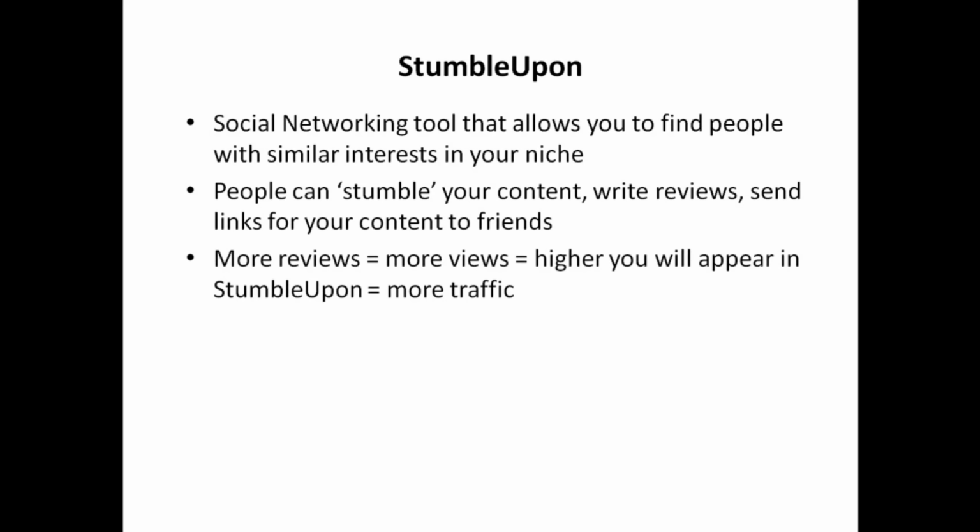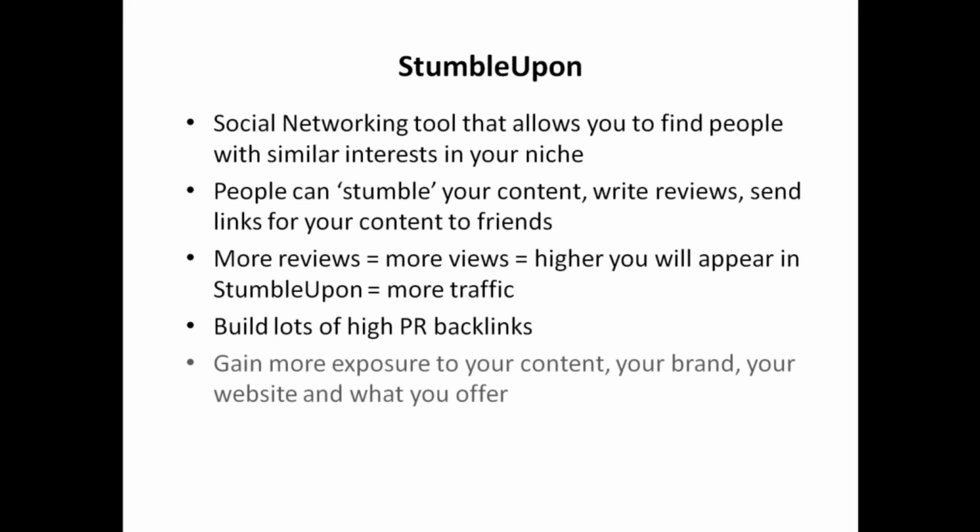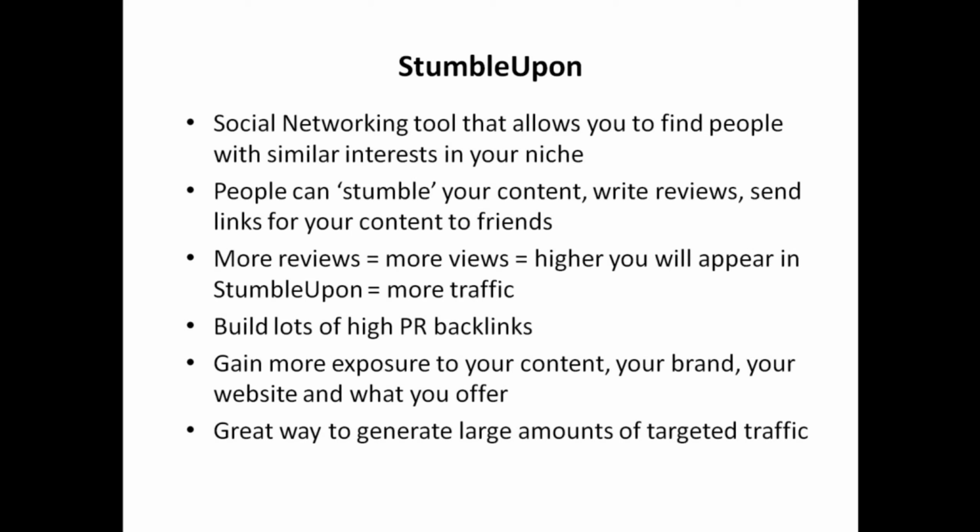The more reviews you have, the more views your site will get, and the higher you will appear in StumbleUpon, which will lead to more traffic. StumbleUpon allows you to build lots of high page-ranked backlinks. You can get more exposure for your content, your brand, your website, and whatever you're offering. And it's a great way to generate large amounts of targeted traffic.